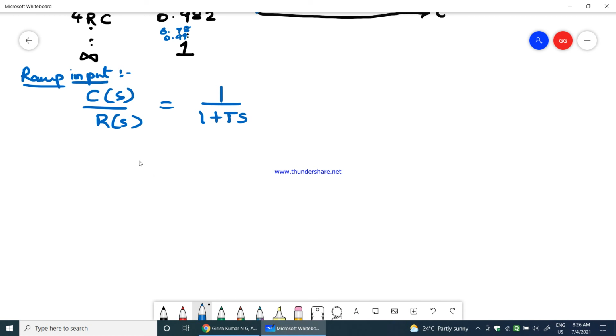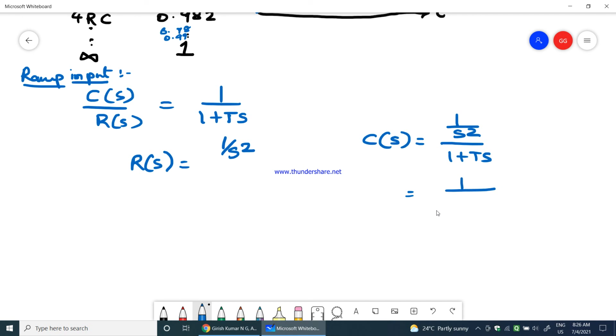Now we know that for a ramp input R of s is equal to 1 over s square. Therefore, C of s would be equal to 1 over s square divided by 1 plus Ts, which is equal to 1 over s square into 1 plus Ts.